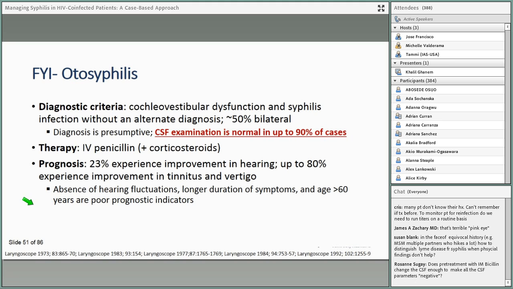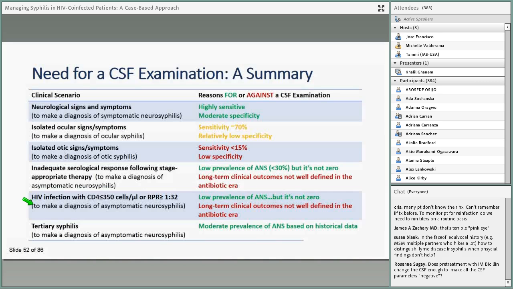But with ocular syphilis, 30 to 40% of patients will have a normal CSF examination. So please remember that with ocular syphilis, up to 40% of patients will have a normal CSF examination. So the CSF examination will not change management.